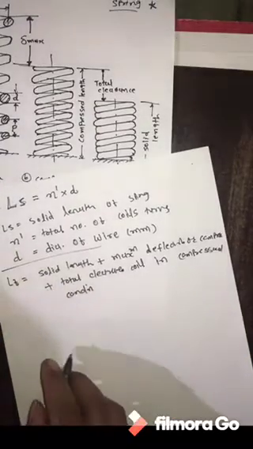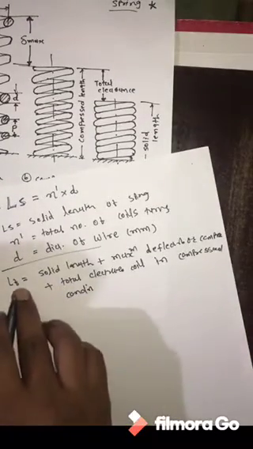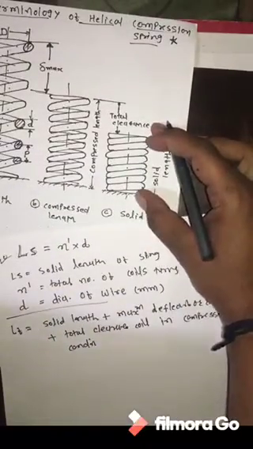Solid length means this length, plus maximum deflection means this delta max, plus total clearance in compressed condition, that means this one plus this one plus this one. That is called the free length.